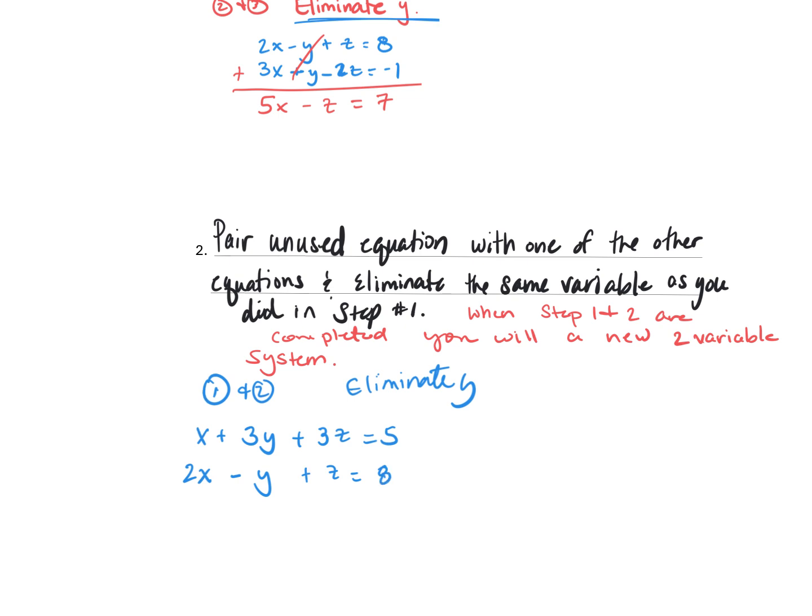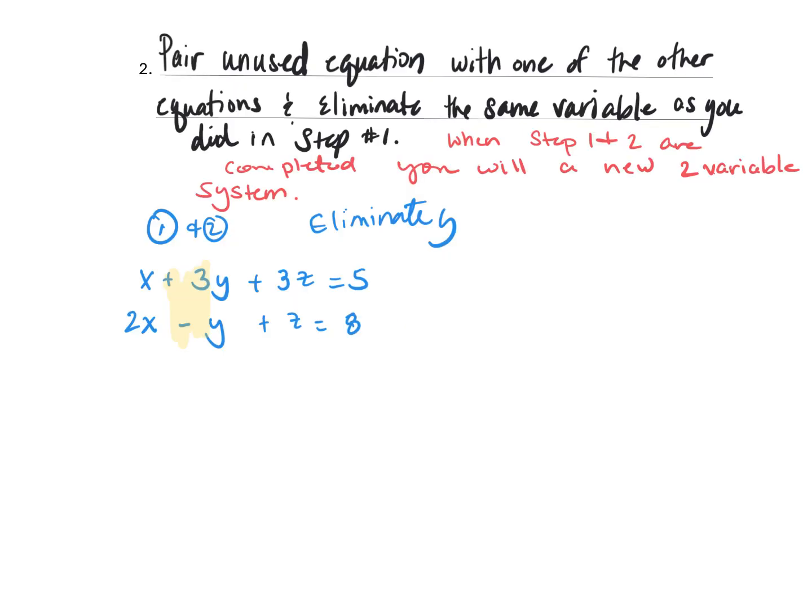The reason I chose that one is because right here I can see that the y's have to cancel. They're already opposites. The only thing is I need to create equation 2 to have a negative 3. I noticed that I accidentally wrote a 3 here when it should be a 2. Apologize about that.